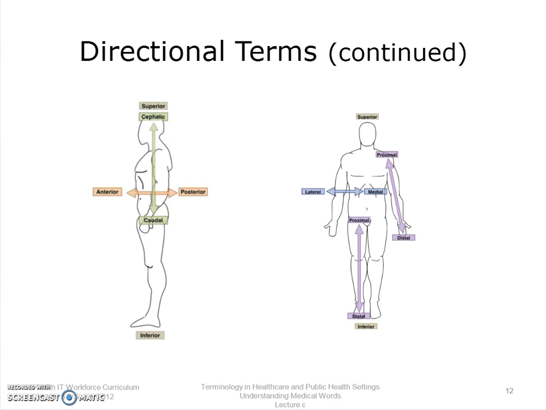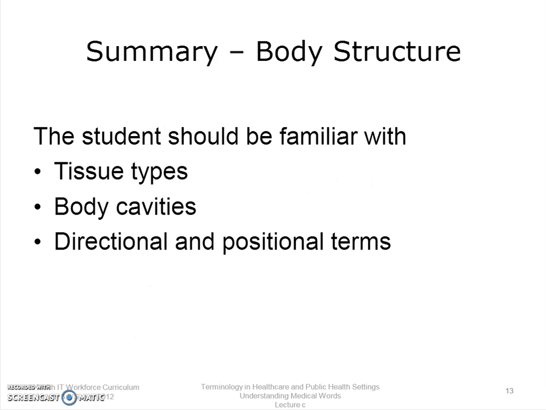The directional terms are illustrated for you here. Please study this graphic carefully and memorize how the terms are applied to the body structure. In summary, we've covered different tissue types, the body cavities, and directional and positional terms.